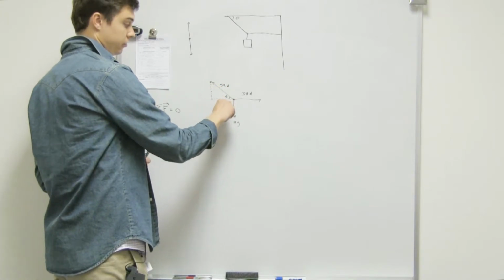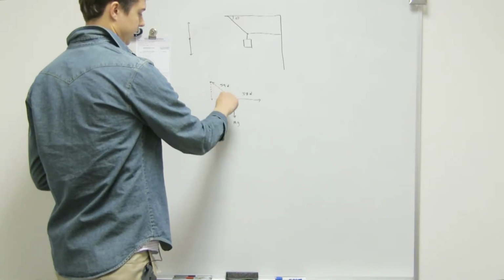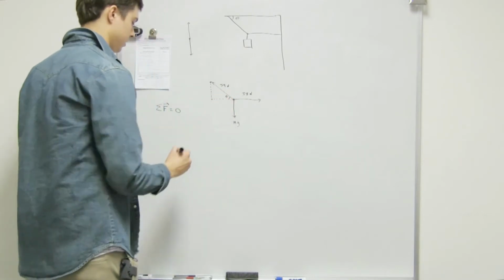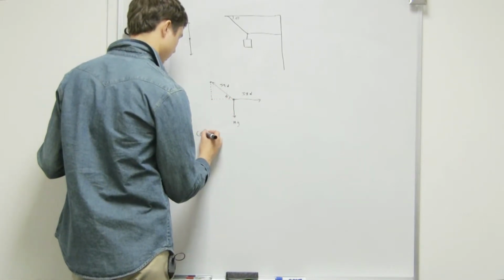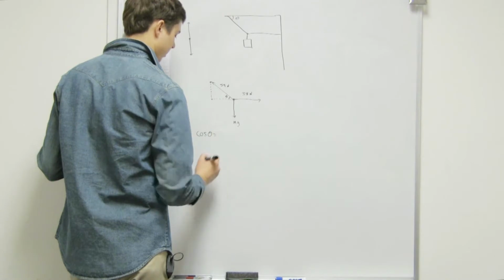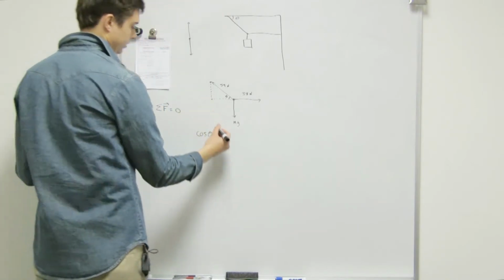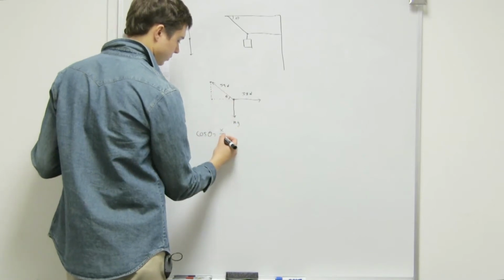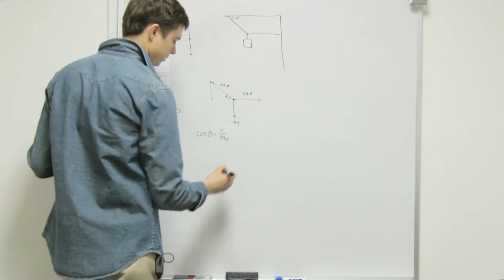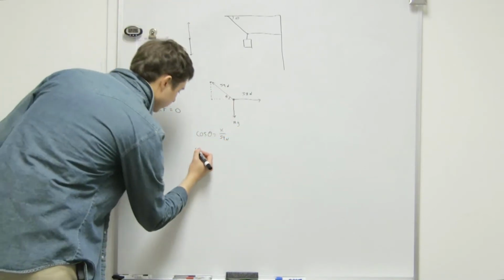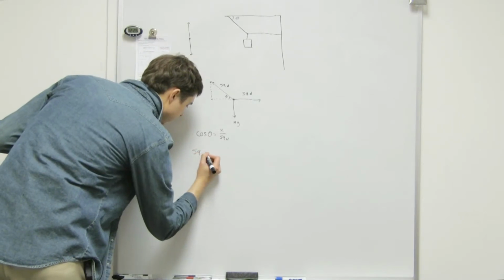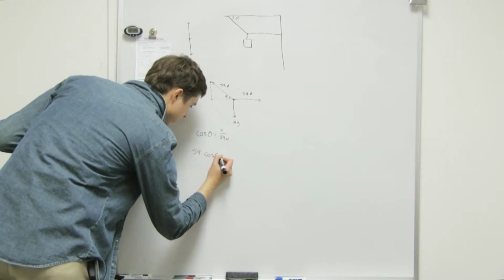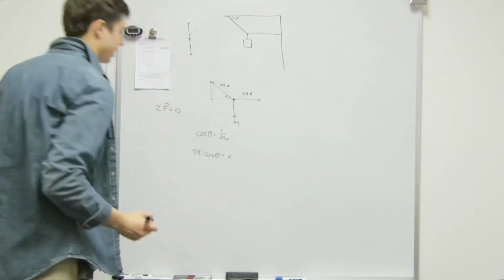Cosine? Good, we'd use cosine because it's the adjacent side to this theta angle. So cosine of theta is equal to adjacent, the x component, over hypotenuse, which is 59. We could rearrange that and say 59 times cosine theta equals x.